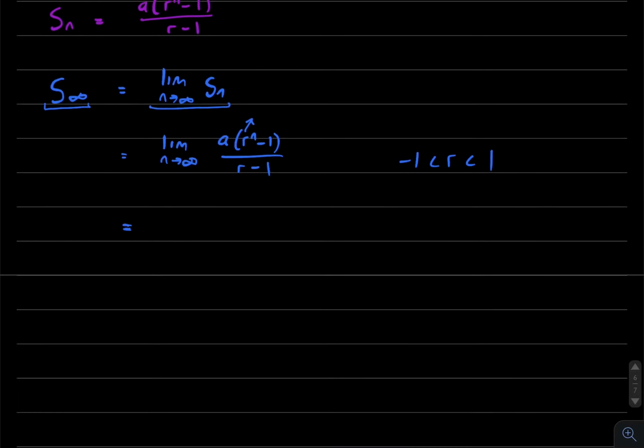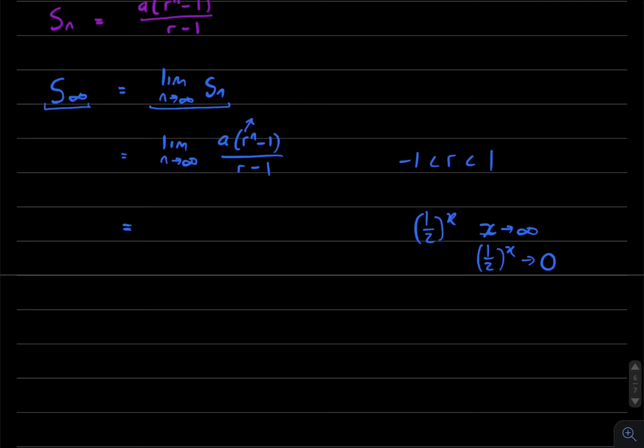And the reason why we say that is, remember our example where you had 1 over 2 to the power x. As x went to infinity, our expression 1 over 2 to the power x didn't go to infinity, it went to 0, because our fraction was getting smaller and smaller as x got bigger and bigger.